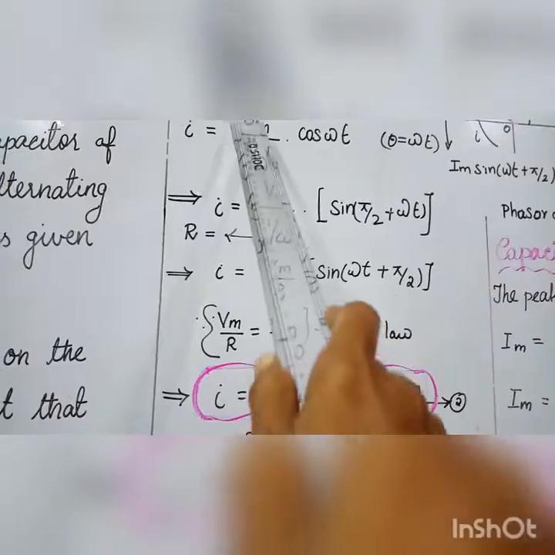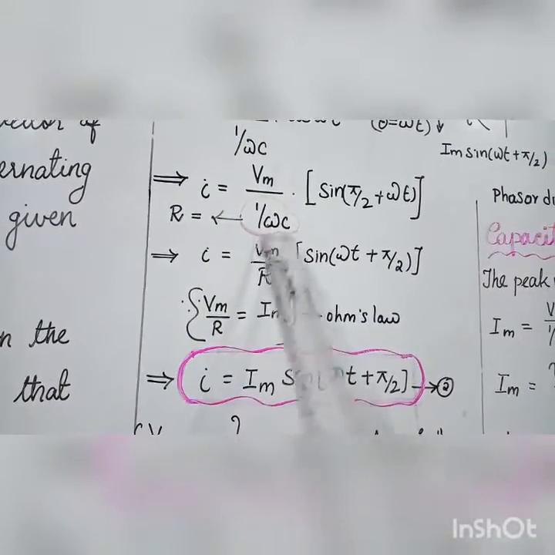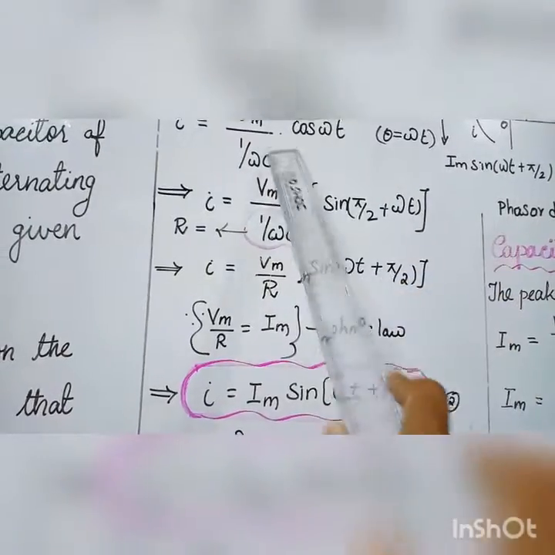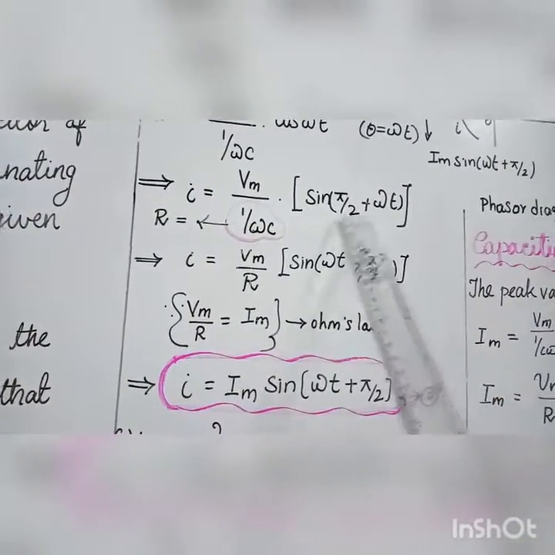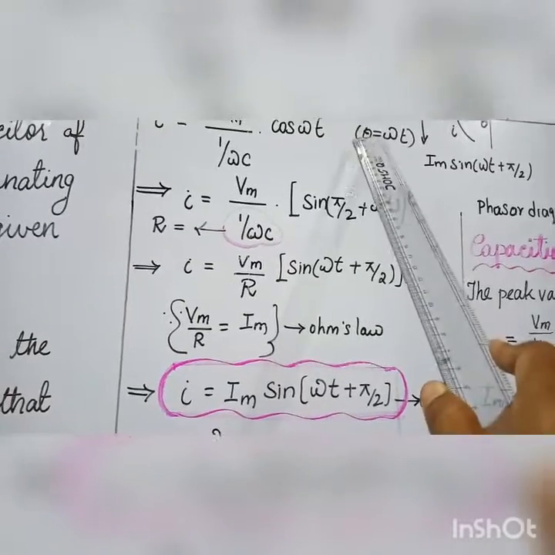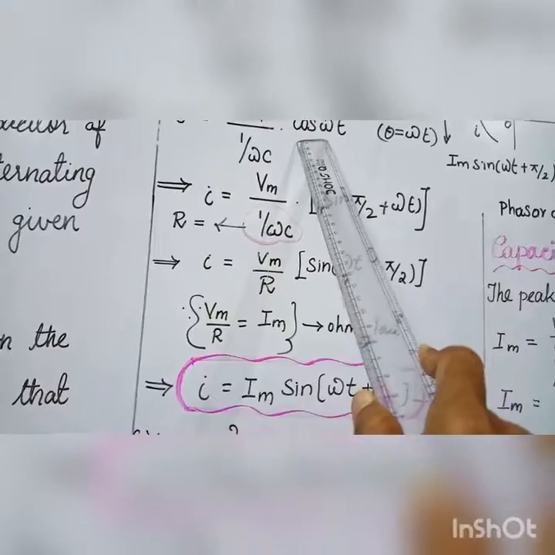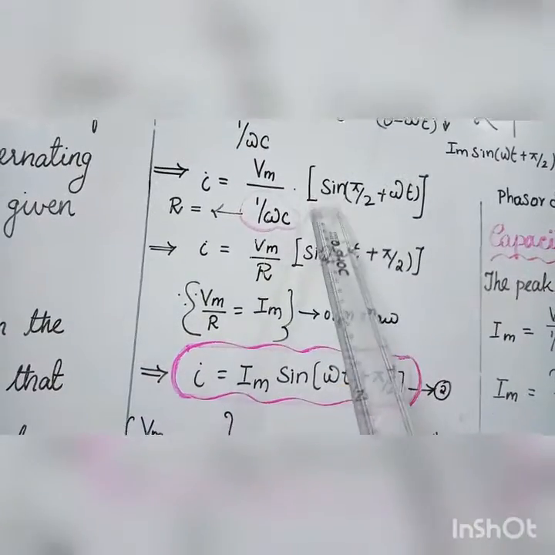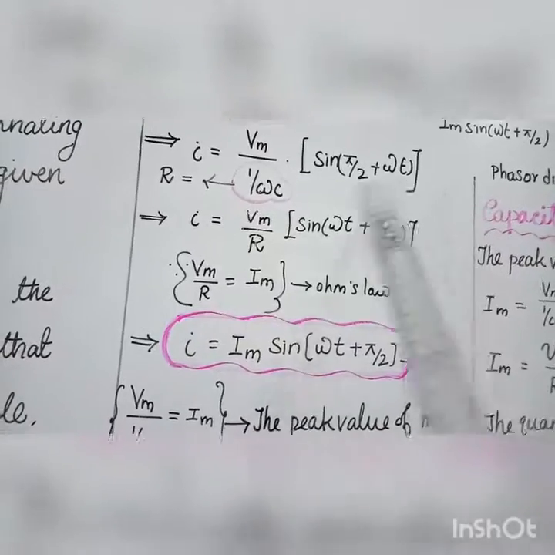Here cos theta is equal to sine of 90 plus theta, where theta is omega t, so cos omega t is sine of pi by 2 plus omega t.